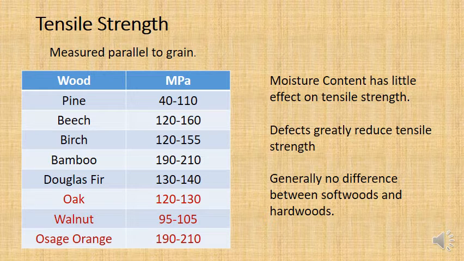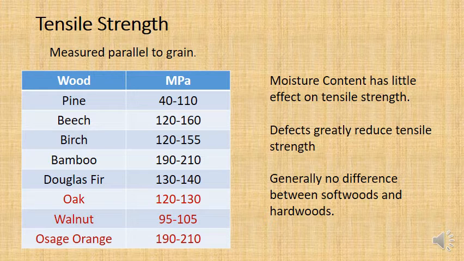Generally, the ones in black are evergreen trees, those are softwoods, and the ones in red are deciduous trees, they are hardwoods. Now there's a bit of variation amongst them, but there isn't really a variation between softwoods and hardwoods, is there? You've got stronger and weaker woods in both categories.